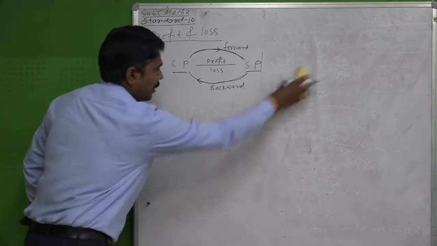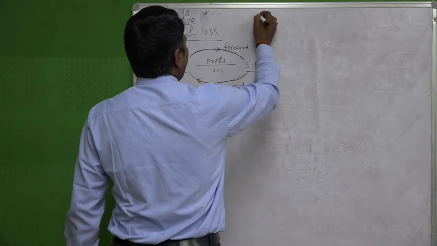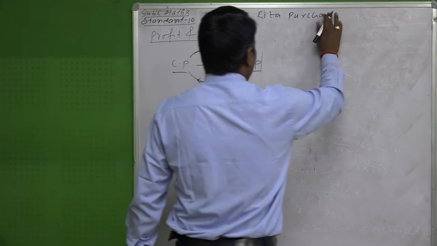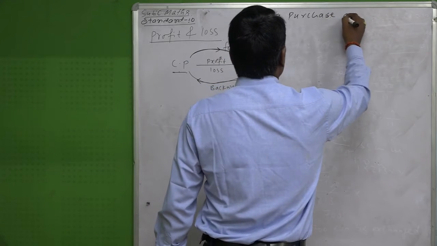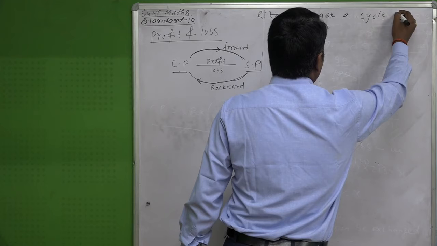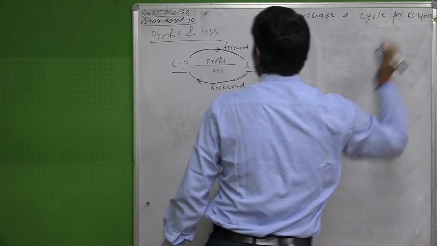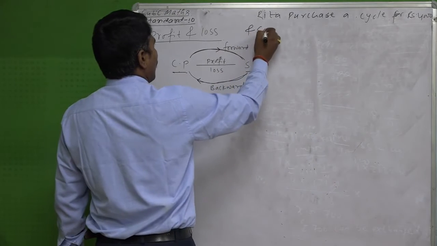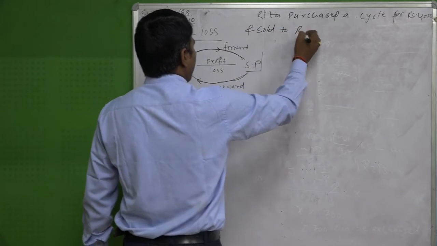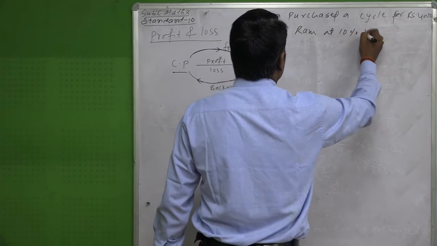Suppose Rita purchases a cycle for 4,000 rupees and sells it to Ram at 10% profit.